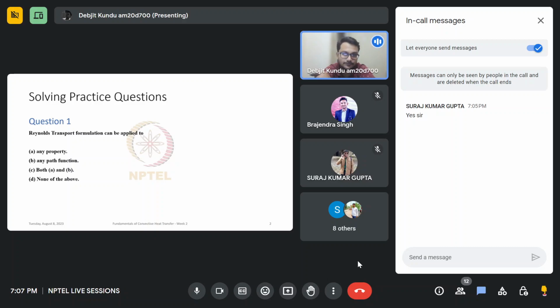For solving problems related to convective heat transfer, we will be needing those preliminary concepts again and again. So the second week was just to set the stage for the future concepts that we will be learning.